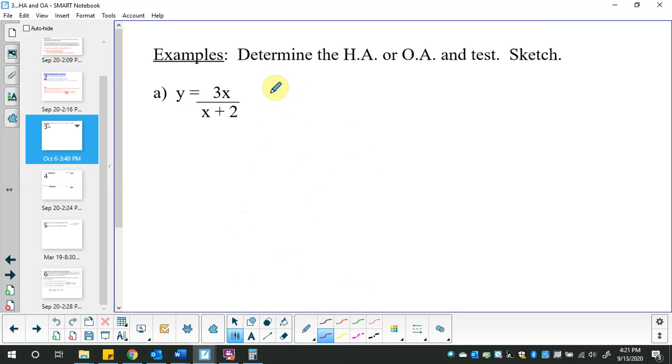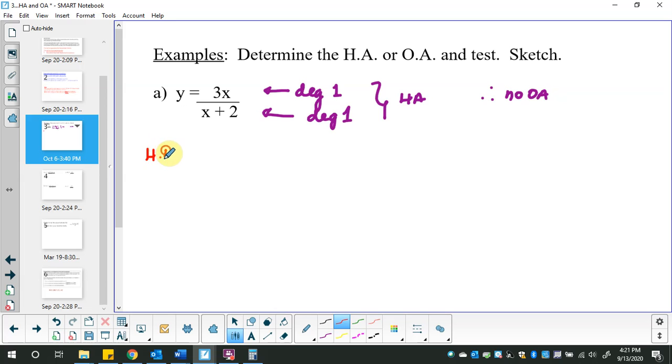Let's do this in purple like we did in the first unit. That degree is 1, and that degree is 1. That means you have a horizontal asymptote. Therefore, I'm going to say no oblique asymptote right away. Okay, so I've covered that there is none of these. So now I have to take care of horizontal asymptotes.